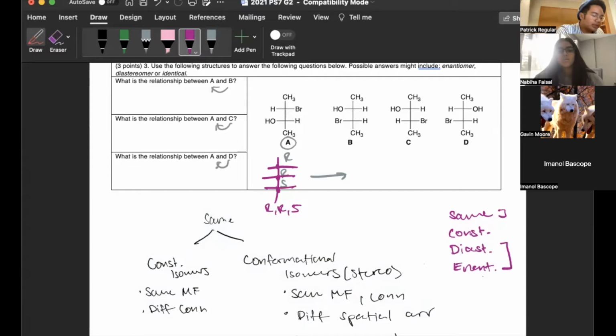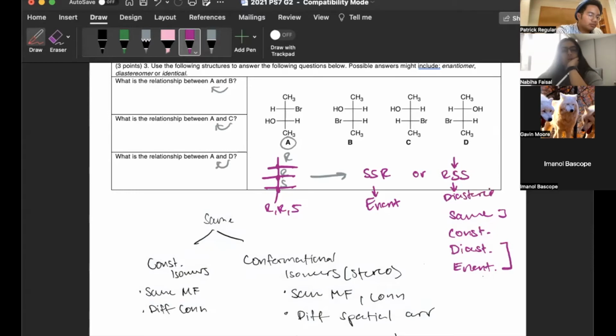If we had a compound that was S, S, R, with a complete reversal, that'd be an enantiomer, because that would be a mirror image. And if it was R, S, S, there's only one difference, so that'd be a diastereomer.